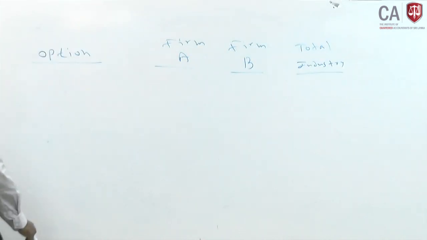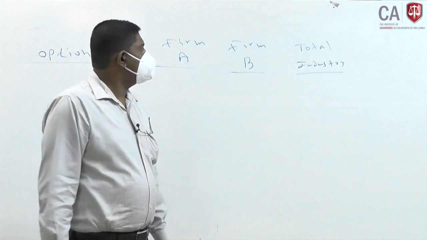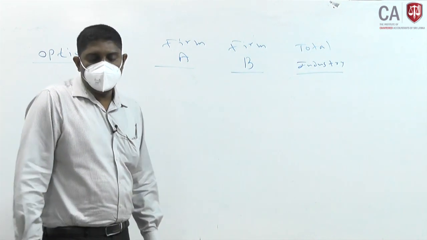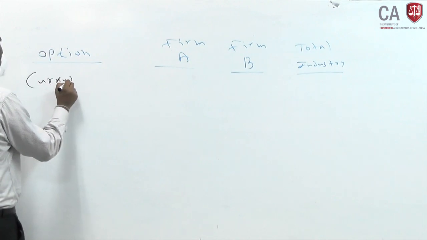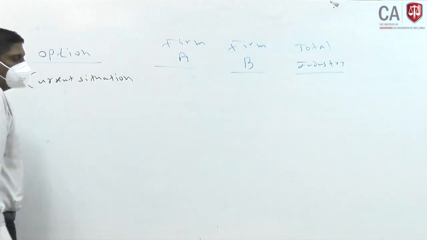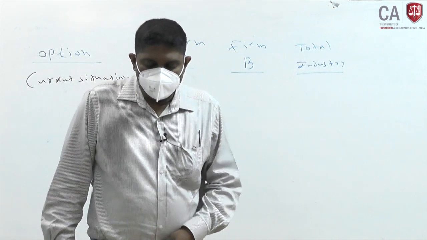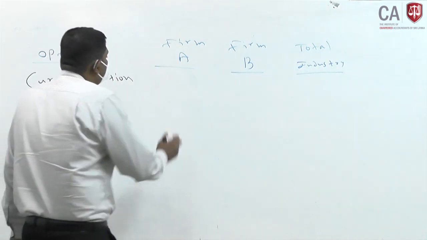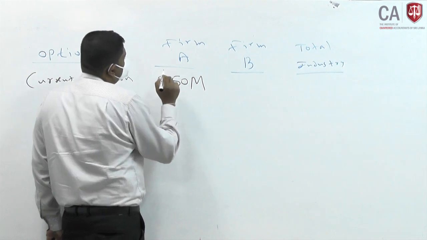Right, first of all, we look at the current situation, and in the current situation, the total profit enjoyed by firm A is 250 million.